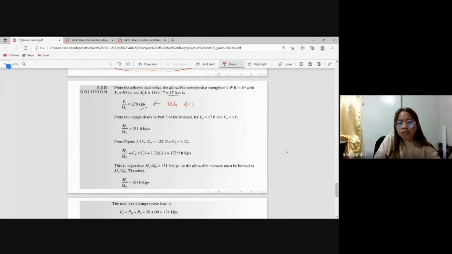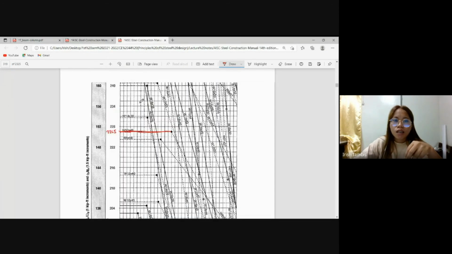And from the design charts in part 3 of the manual, for L sub B, or the brace length, 17 feet, and C sub B 1.0, the allowable moment strength for ASD solution is 131 feet kilopounds. The same table in part 3, this one.